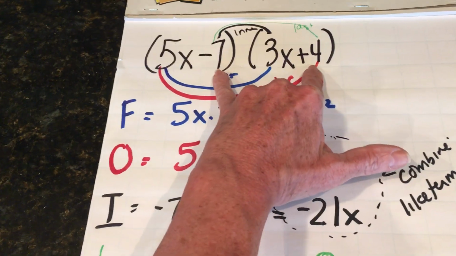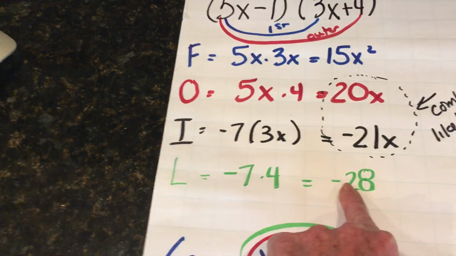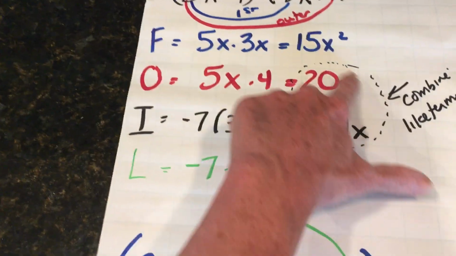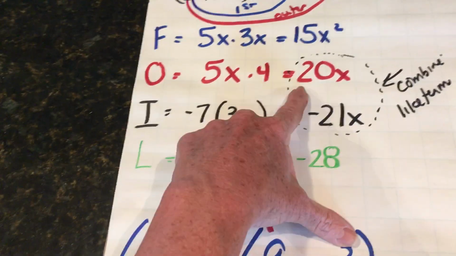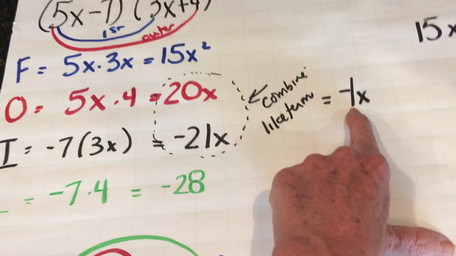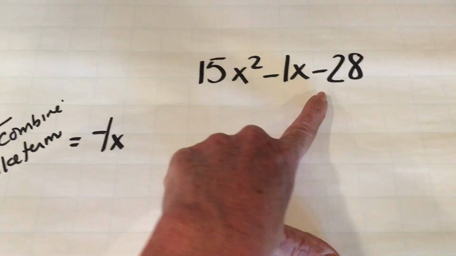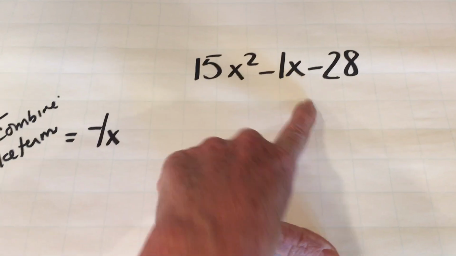Last, what's last in both parentheses? Negative 7 times 4, which gives me negative 28. I'm going to combine my like terms. So you have 20x's, but you owe me 21, so you still owe me 1. The final answer would be 15x squared minus 1x minus 28.